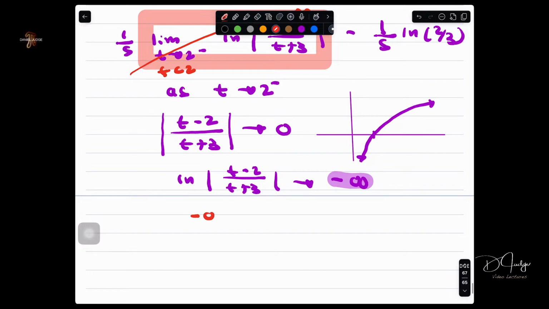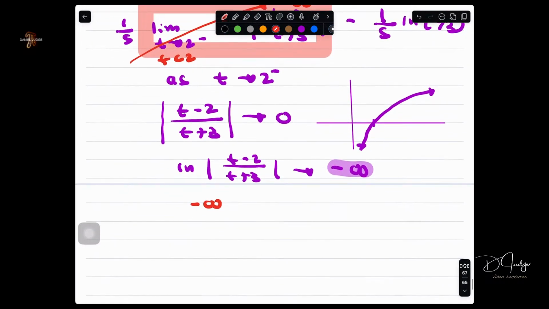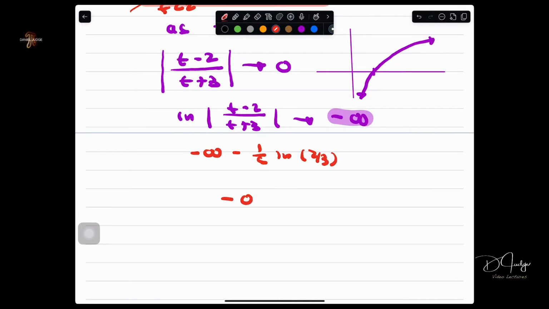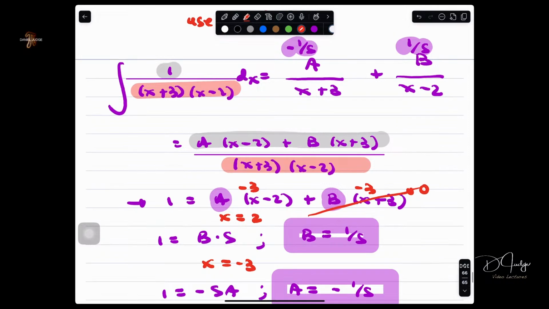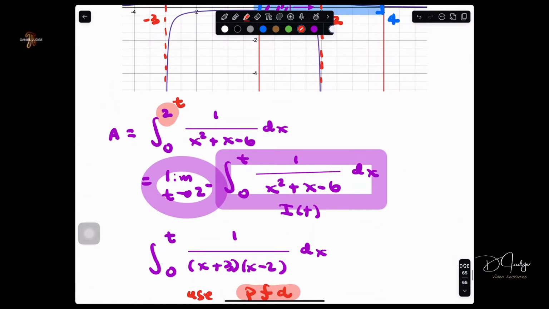So you have this negative infinity minus the value of 1/5 natural log 2/3, which is still going to give you negative infinity. Okay? So that first improper integral is negative infinity here. Okay? The first improper integral diverges. So this is the divergent improper integral.